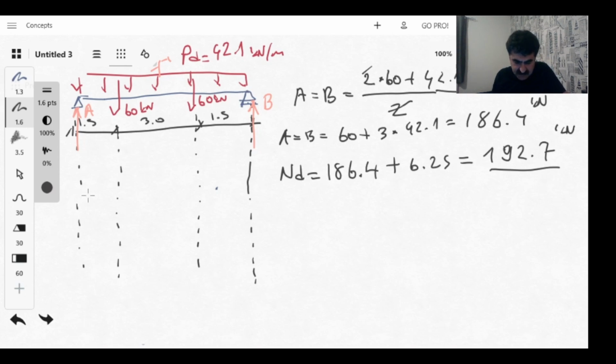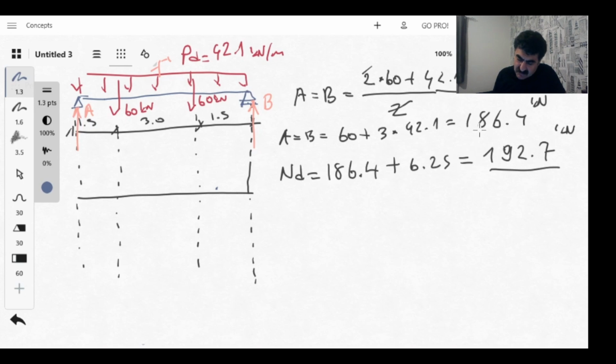If I consider a line like this, from here I have a line, or a little bit up, because I need to leave spaces for the moment as well, and then change color. So, what is the force in support A?